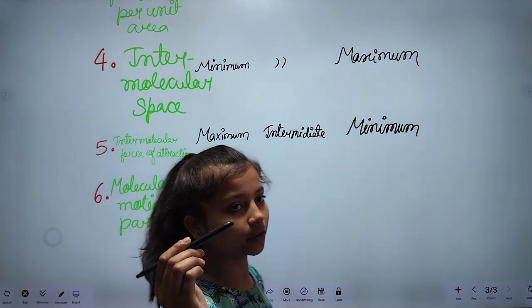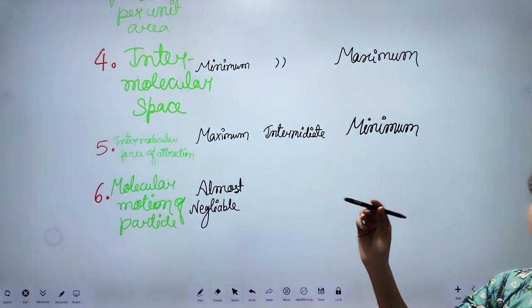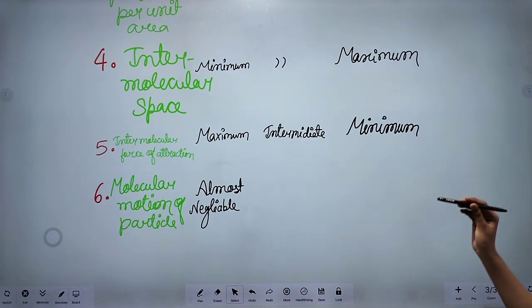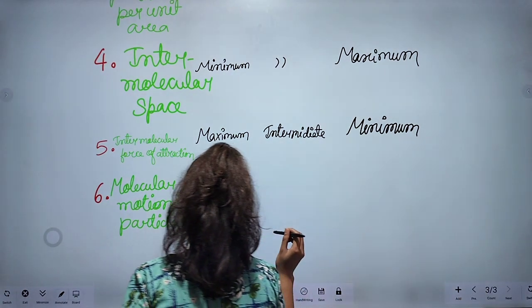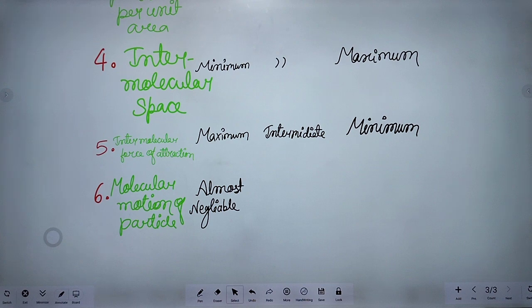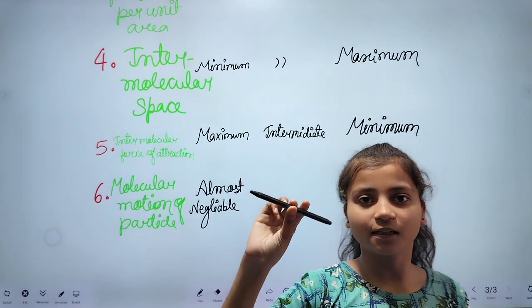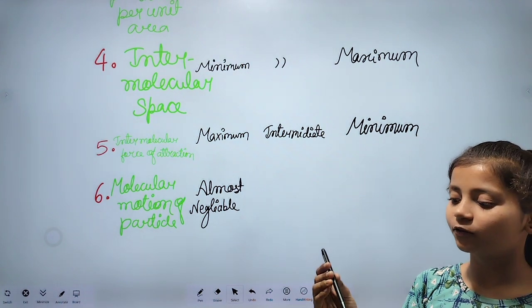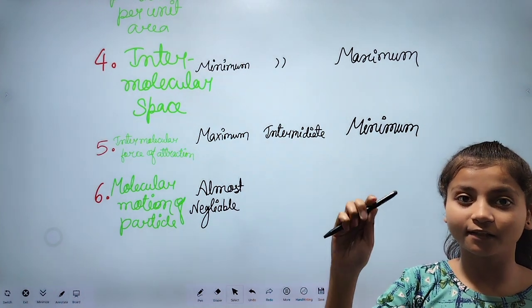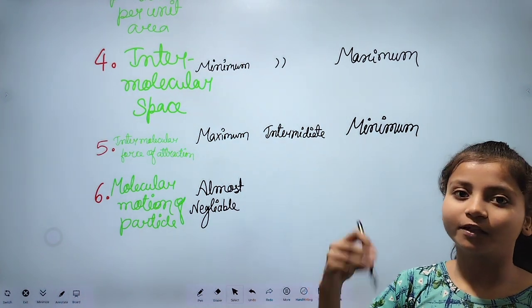Suppose that if the molecular motion in solid is, we can say, maximum, then how can you say that it is a pen? Because you can say the material inside the pen is becoming moving.